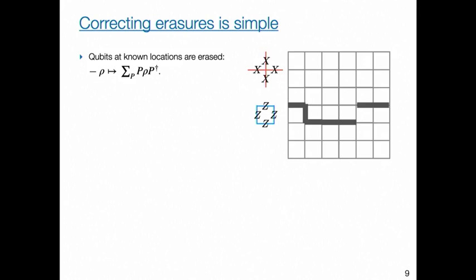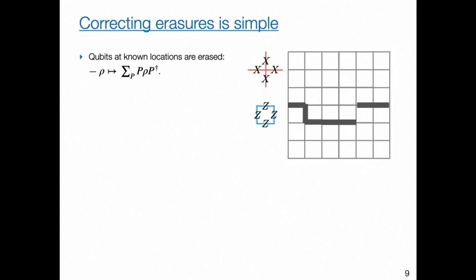So let's see very quickly that correcting erasures is simple. Let's look back at the toric code. I depicted here in thick gray edges the locations of erasures. For simplicity, we can think of that at those locations we replace the qubit state with the maximally mixed state.